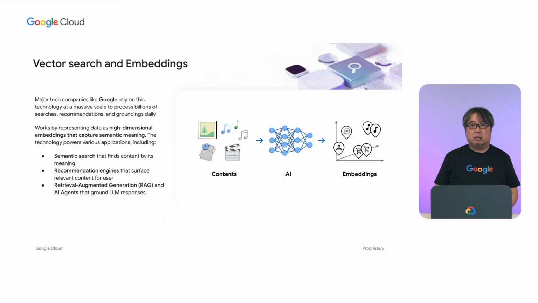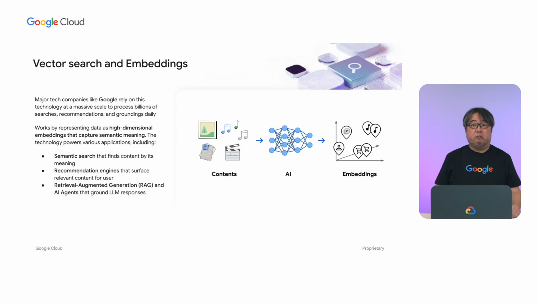Vector search is a foundational technology for modern AI services. It uses high-dimensional embeddings. That means it's a bunch of numbers, for example, 768 real numbers, that captures the meaning of the contents like text, images, or video, or product items, and so on.